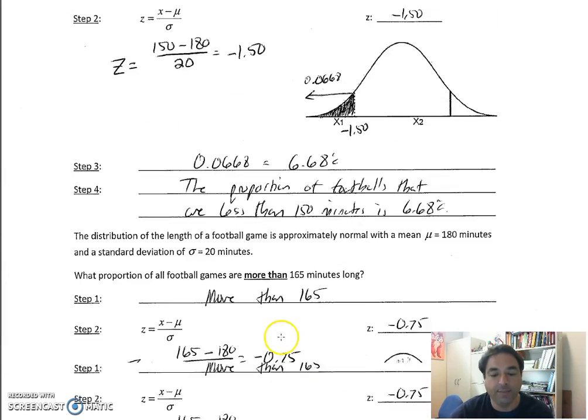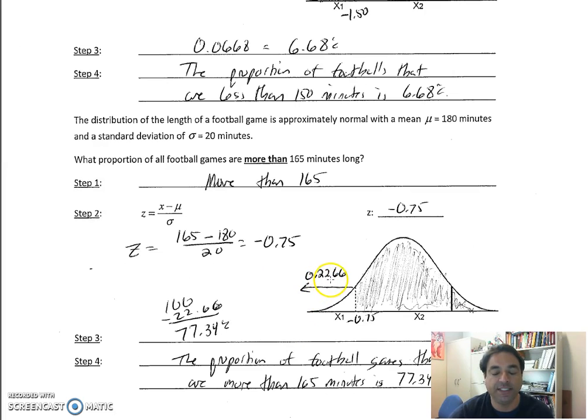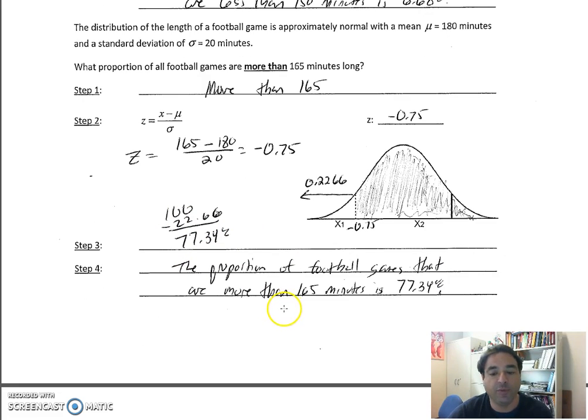So we get 0.2266, but that tells us less than. We want more than. And again, this does not look like 22%. So we have to subtract from 100. 100 minus 22.66% gives us 77.34%, which makes sense. Picture, answer, match. The proportion of football games that are more than 165 minutes is 77.34%.